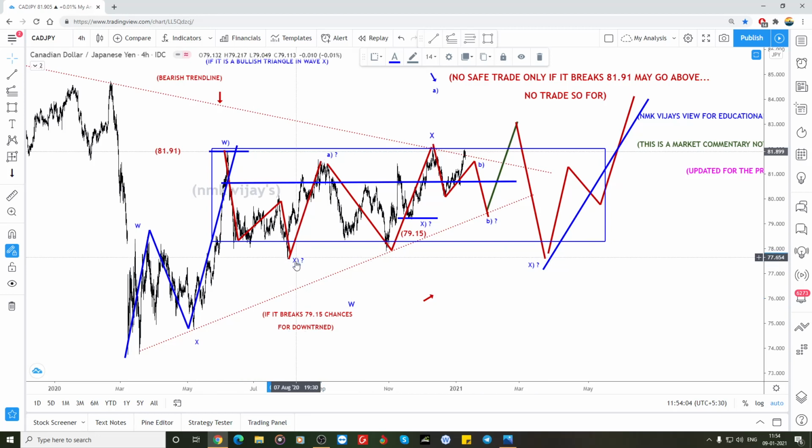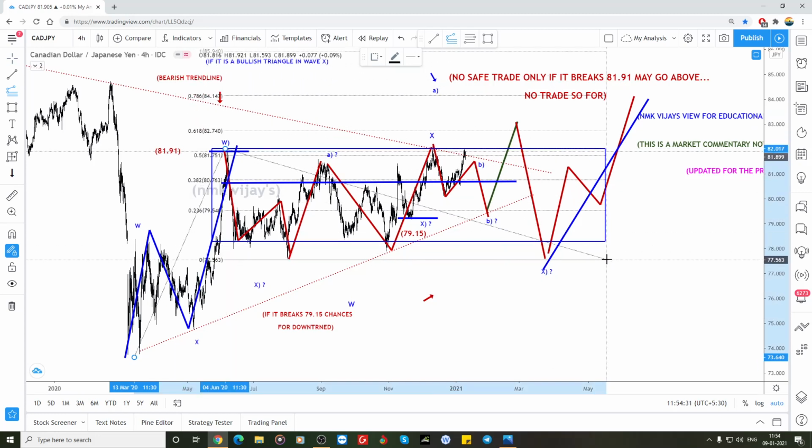Otherwise, if the X wave is a very big correction like this kind of X wave, we may see bigger corrections like this. If the X is completed here, it is only a very minimum target, but if the X is a very big complex correction, like if it comes here, from here to here, again 84 is our target.